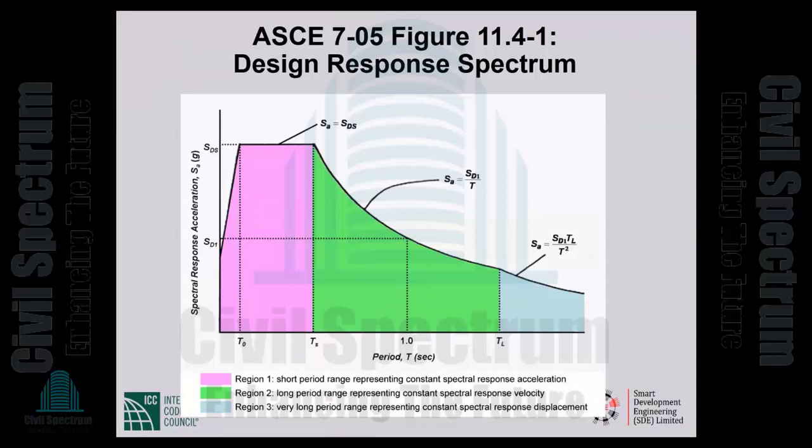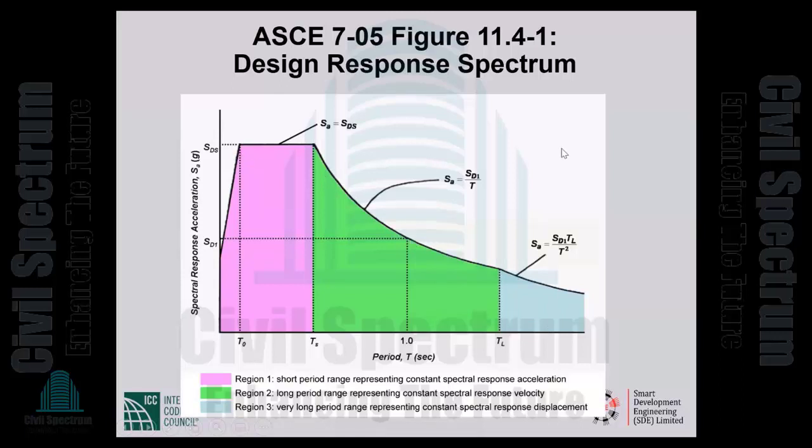Okay. Coming back to the design response spectrum of ASC 705. It's the same spectrum we have seen before. The colors have been added: constant acceleration part, constant velocity part, constant displacement part.